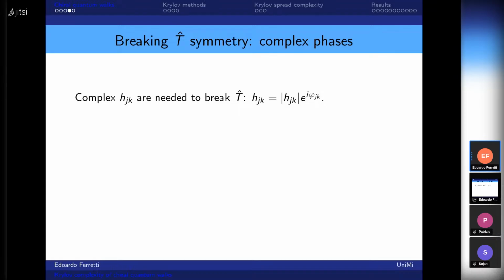The necessary generalization to break the symmetry is to add complex phases. Now we explore the full power of Hamiltonians, which are Hermitian operators, not just symmetric operators. To do so, the matrix elements must be complex numbers, with a complex phase.